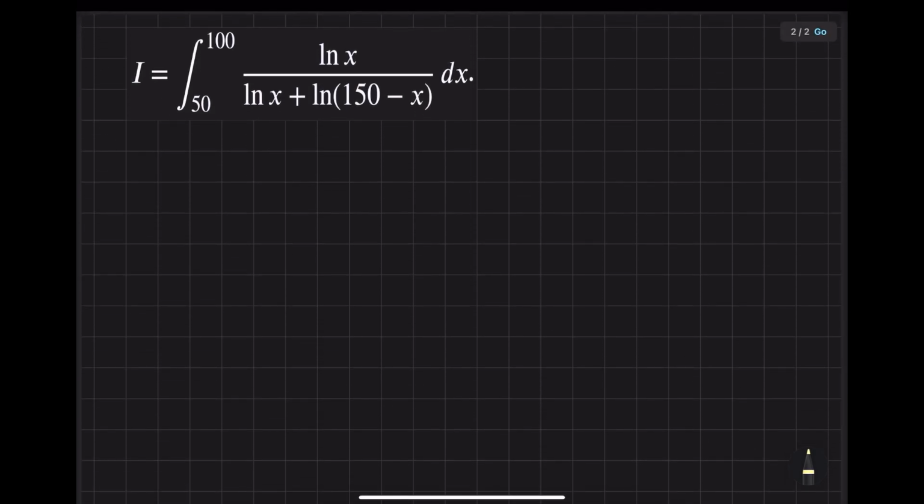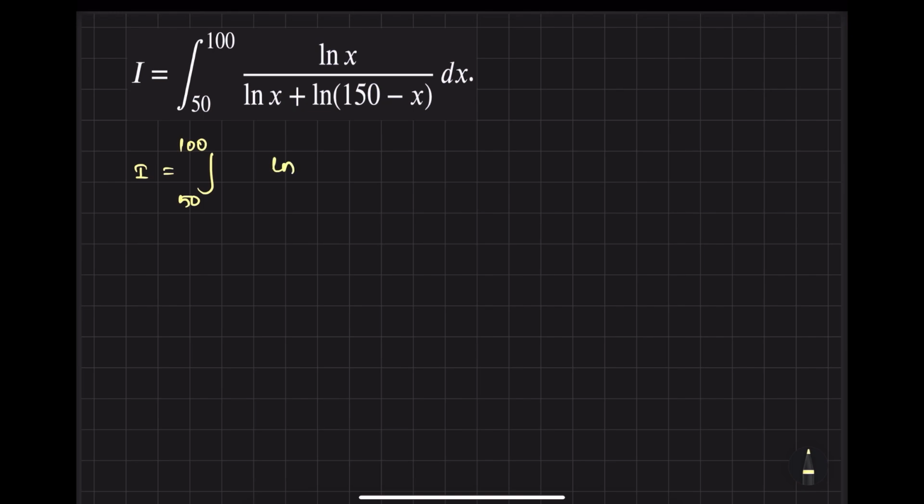Suppose we have this question to integrate. So we have this as I, and look at this. We are not getting an idea of what we have to take as z, which replacement I should apply. So what I will do, I will apply King's rule. Okay. So I is from 50 to 100, so a plus b will become 150.